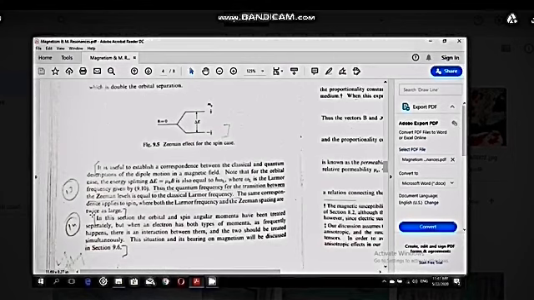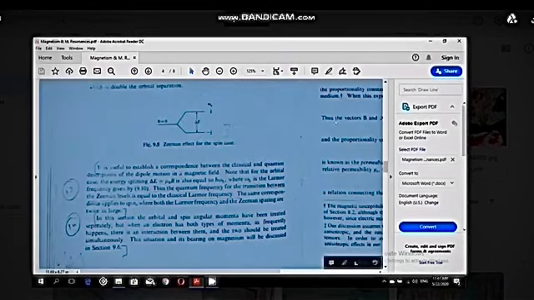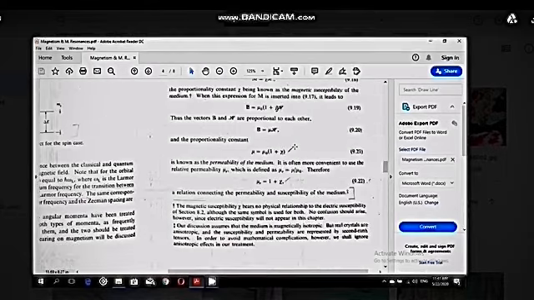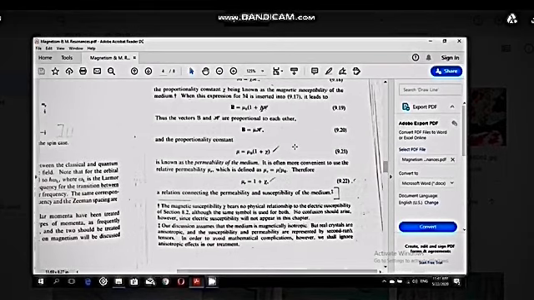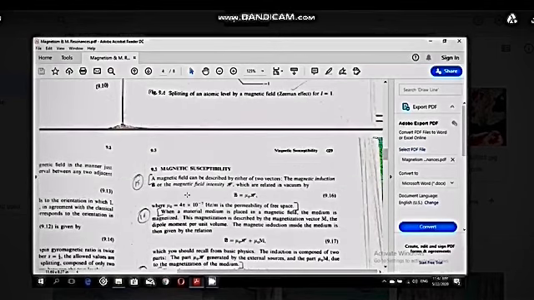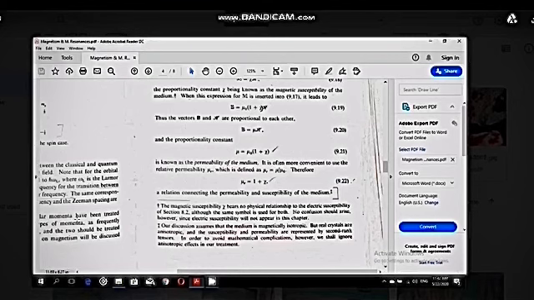So this situation and its bearing on magnetism will be discussed next in section 9.6. That we will discuss in section 9.6 later.